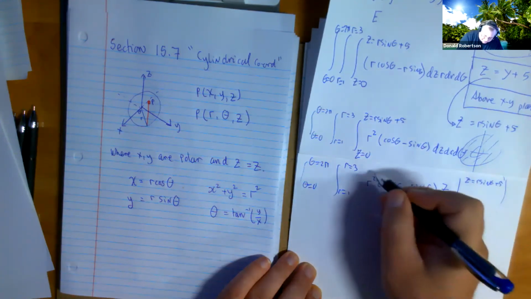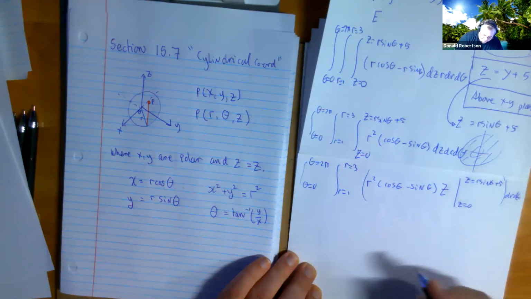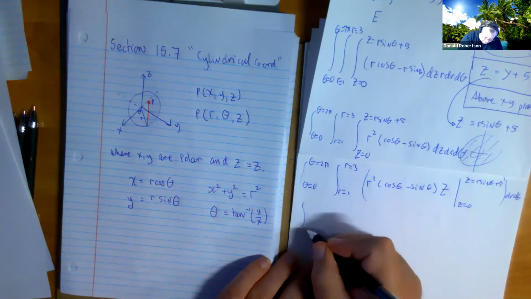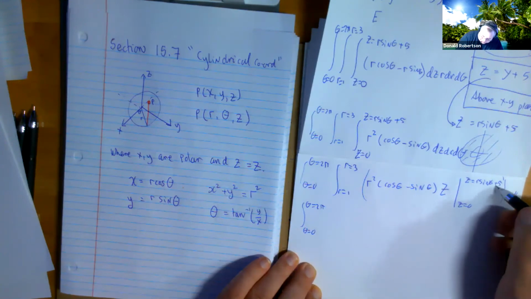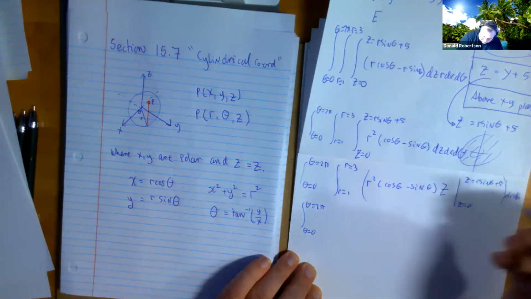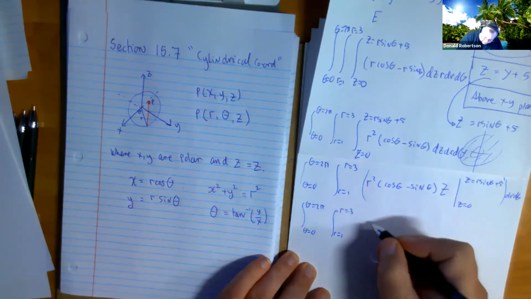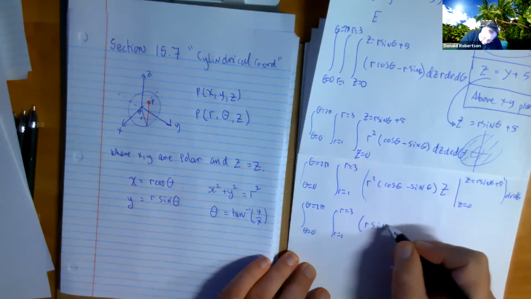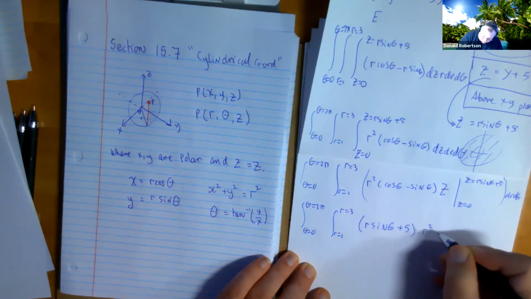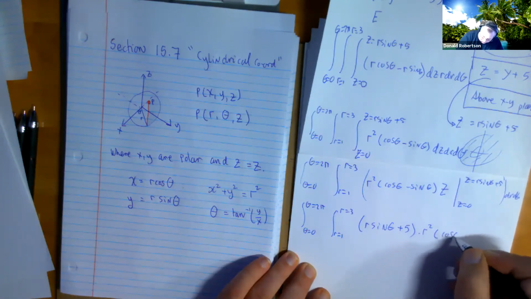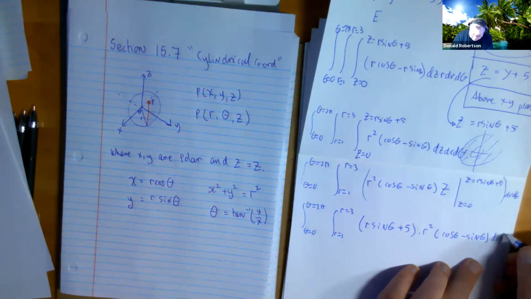And then I can do the dr d theta thing. So we now have the integral from 0 to 2 pi. Nothing gets you nothing, so what we're going to get now is r sine theta plus 5 times r squared, cosine theta take away sine theta, dr d theta.